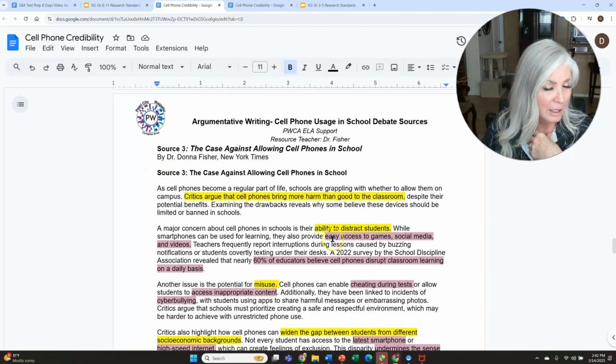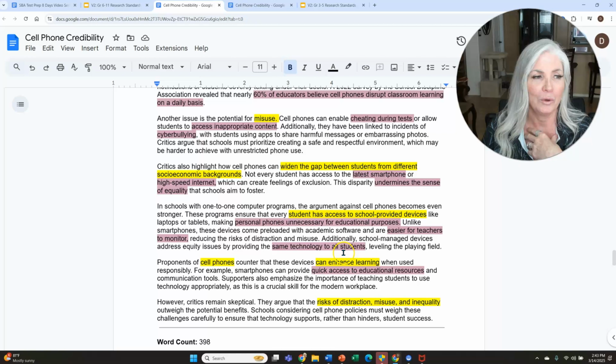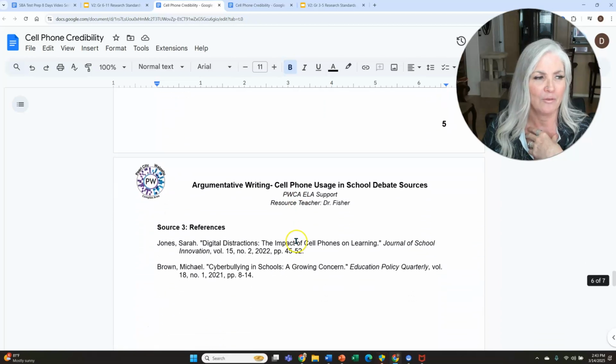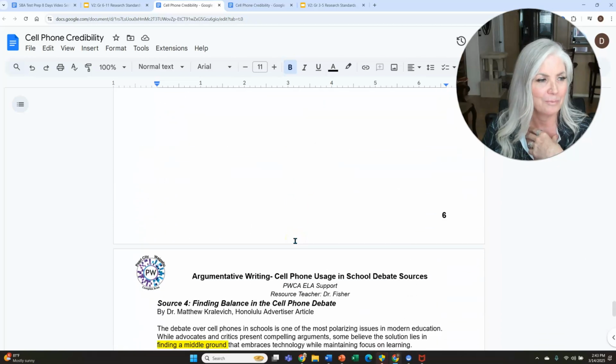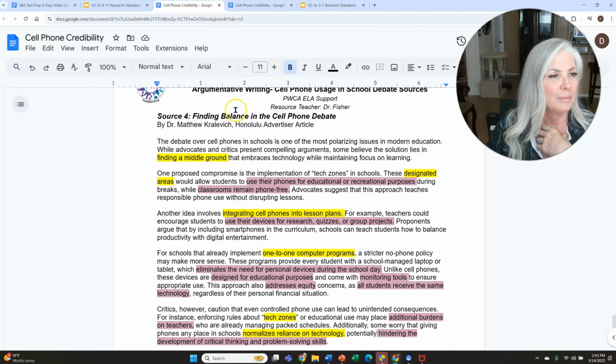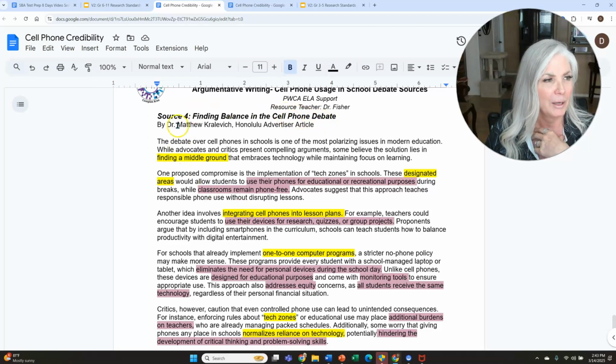That one is a credible source because it has an author from a reputable magazine, and now you can see what evidence was in that one. Our fourth and final source is Finding Balance in the Cell Phone Debate by Dr. Matthew Krelovich from the Honolulu Advertiser, and it's an article.